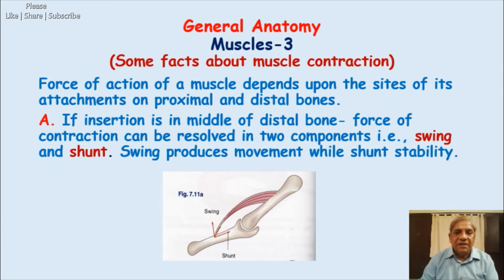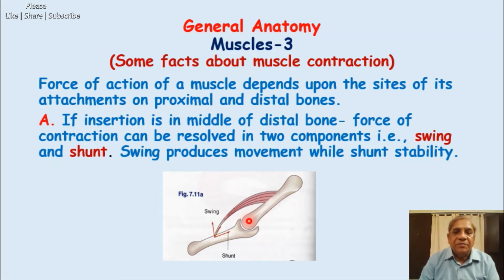Now in this diagram you are seeing a muscle which is attached almost in the middle of the proximal bone, and its insertion through the tendon is also taking place almost in the middle of the distal bone. As a rule, I said that a muscle has to cross at least one joint. So this is crossing a joint.